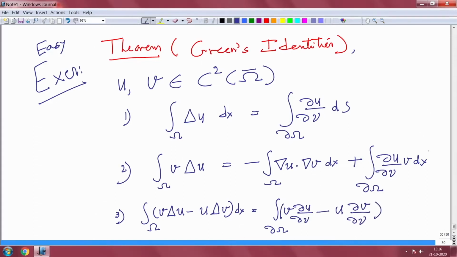Oh, sorry, this one is a surface integral ds, and the earlier one is also a surface integral ds.